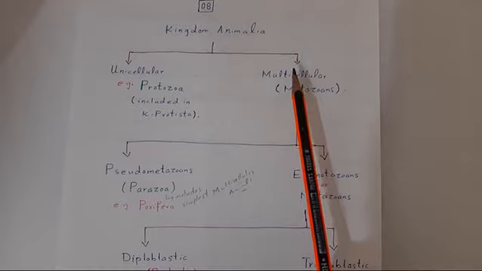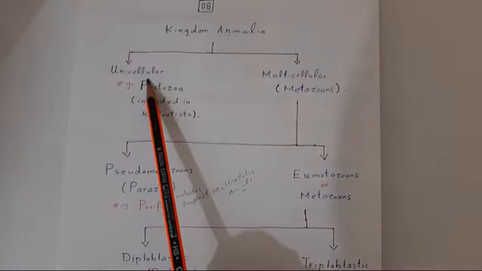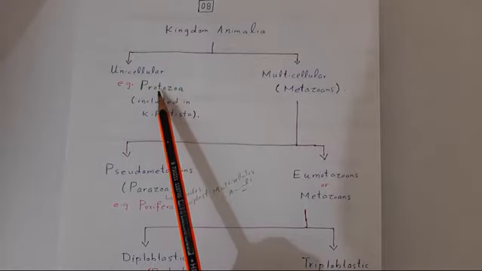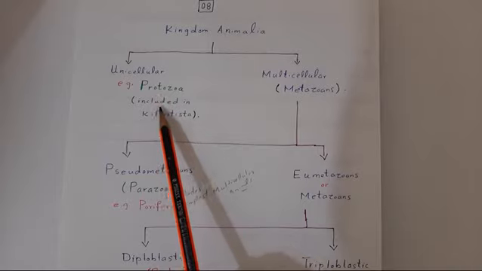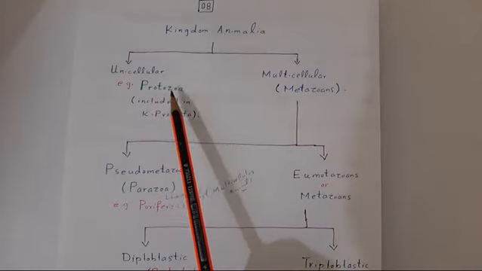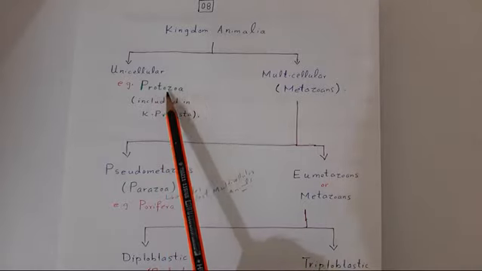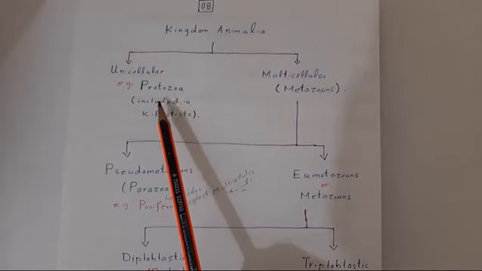But as we studied in the first lecture, the unicellular animals, that is the protozoa, are now included in the kingdom Protista. And we have already studied the protozoa, also known as animal-like protists, in chapter number 7, that is in kingdom Protista.